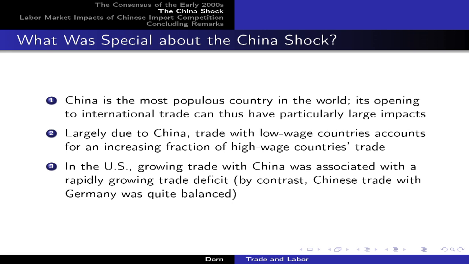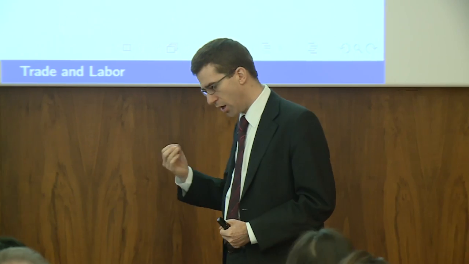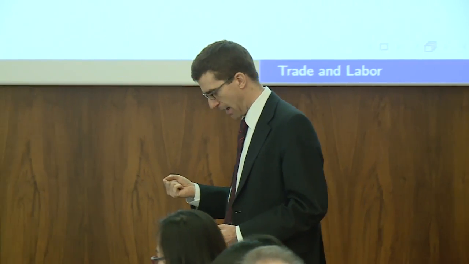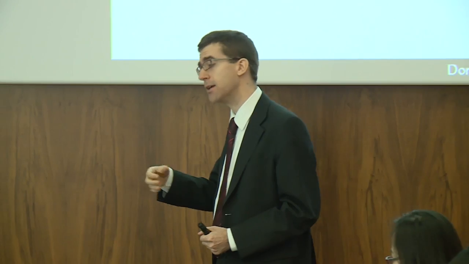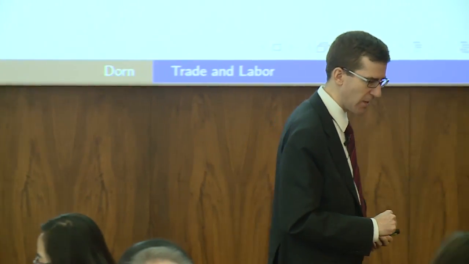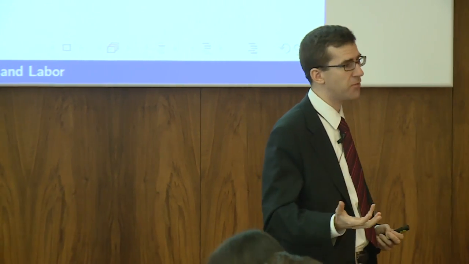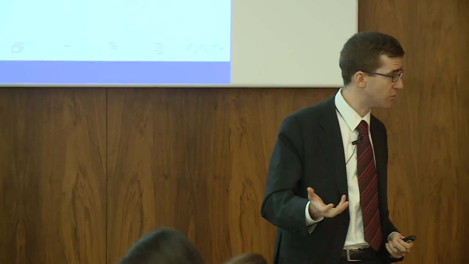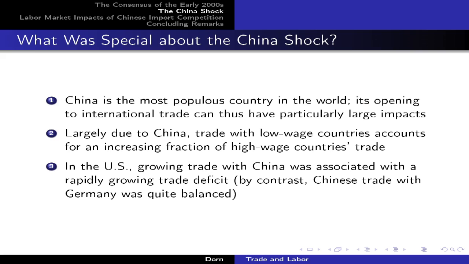And this is a very unusual feature of this trade relationship that deserves much emphasis, because this meant that from the US perspective, the great increase in goods imports was clearly not matched by an equally large increase in exports, a feature that was different in some other Western countries that also trade with China. Germany, for instance, or Switzerland have much more balanced trade relationships with the Chinese.